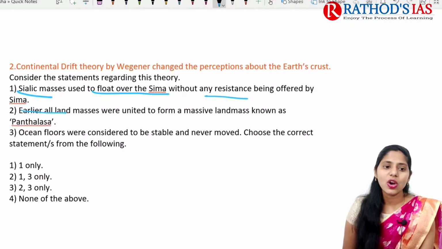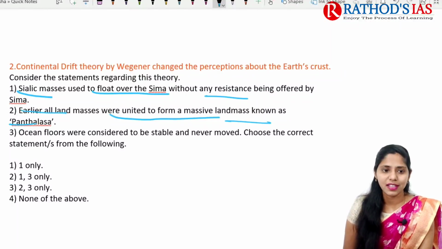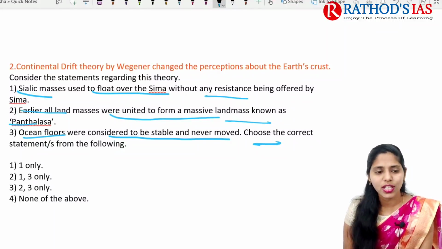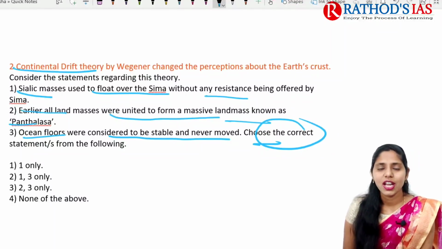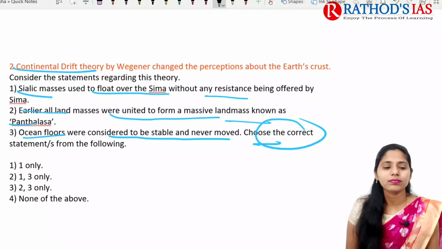Next, earlier all land masses were united to form a massive landmass known as Pangaea. Next, ocean floors were considered to be stable and never moved. Choose the correct statements regarding the continental drift theory. If you have completed your NCERTs, you can easily answer these 2 questions.